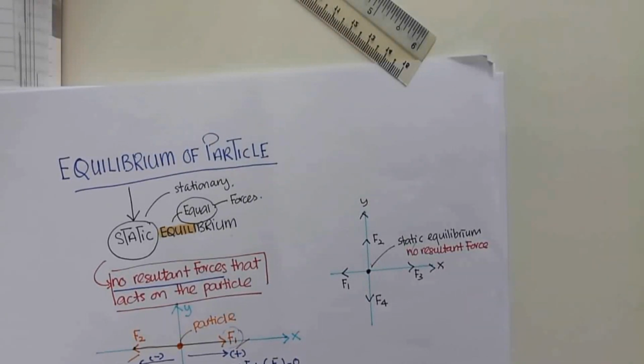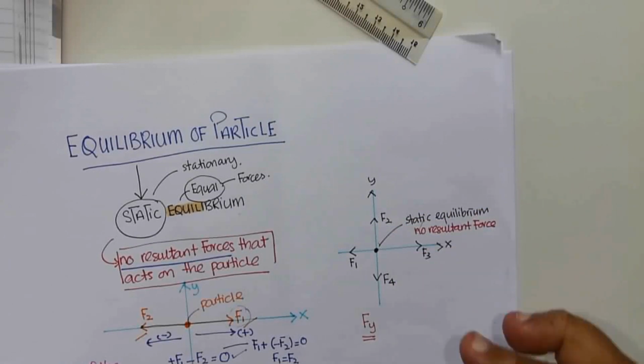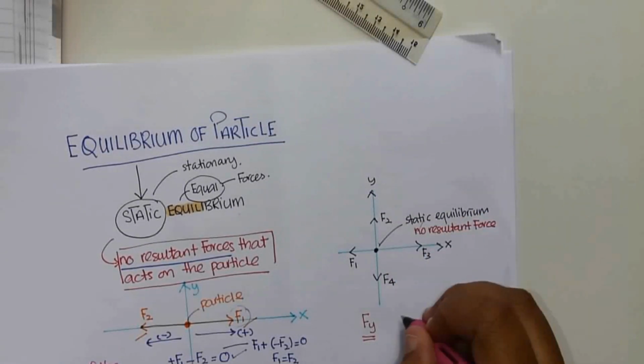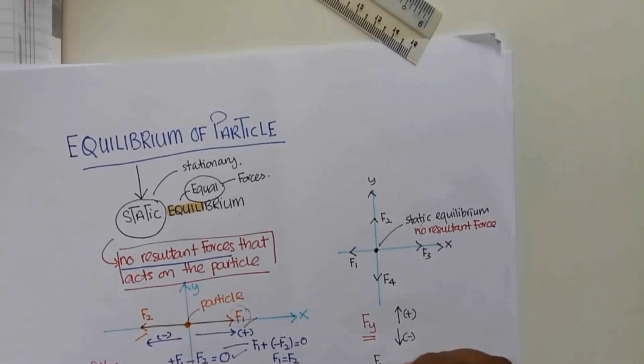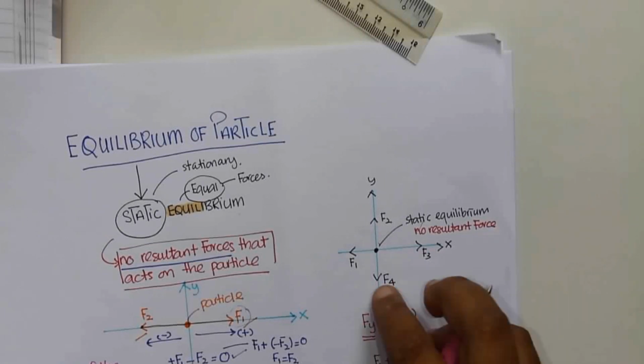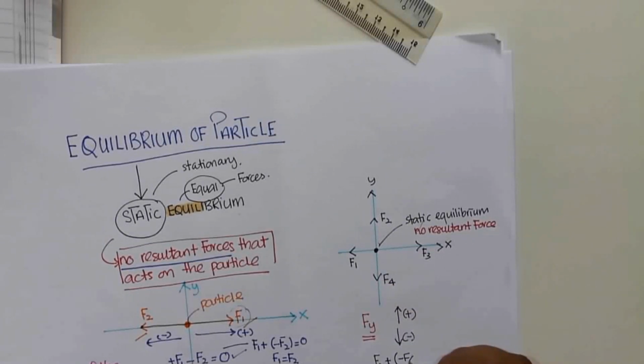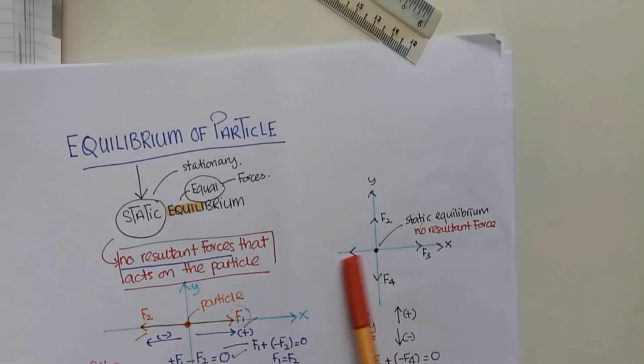Okay, so I need to find the total sum of the components on the y-axis. Upward I take as positive, downward I take as negative. So the sum of the components is F2 minus F4 is equal to 0. So F2 is equal to F4. Then I look at the sum of the components on the x-axis.